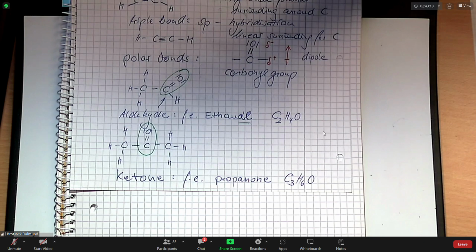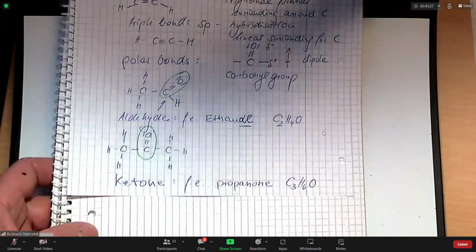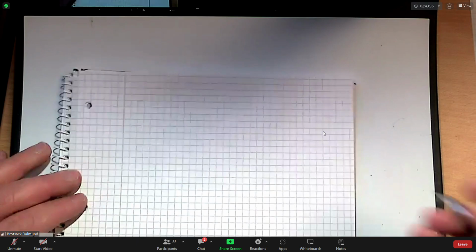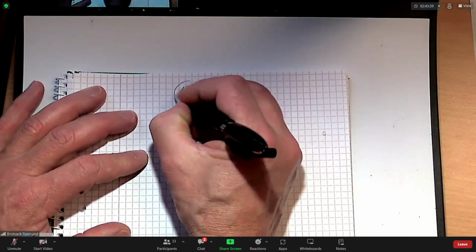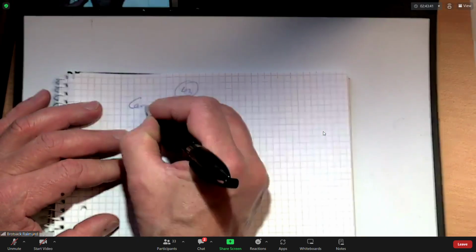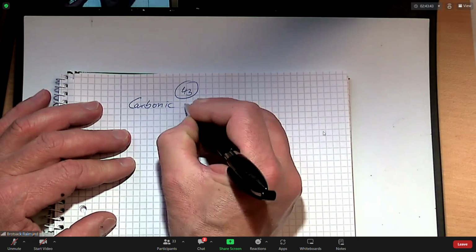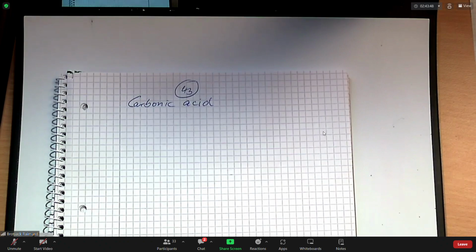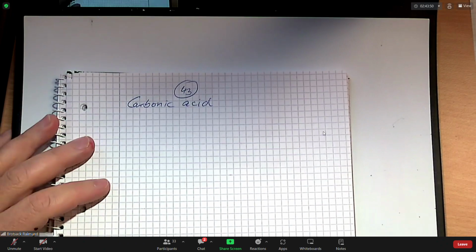It is the carboxylic acids. Another important one is the acid, we already had an example, I think it is vinegar, acetic acid.